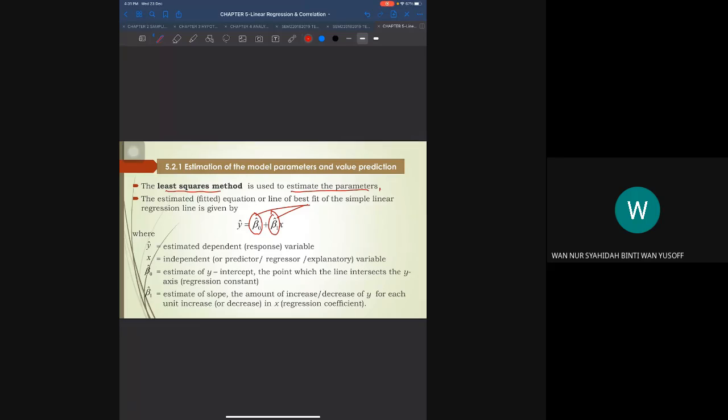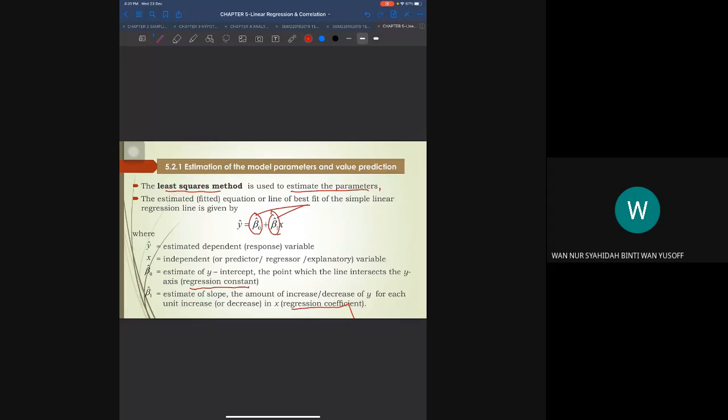The intercept here is also called the regression constant, and the slope here is also called the regression coefficient. Some questions will be like, interpret the regression coefficient, so you have to know whether it is about beta 1 or beta node.